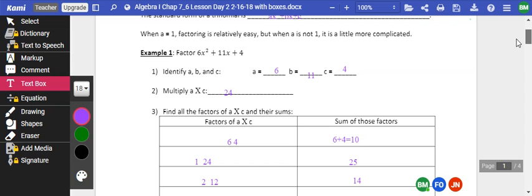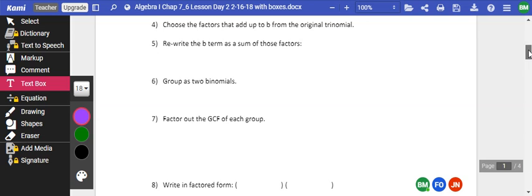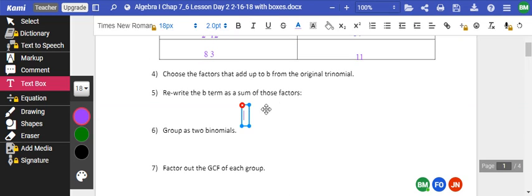We're just going to rewrite this as 6x squared plus 8x plus 3x plus 11.